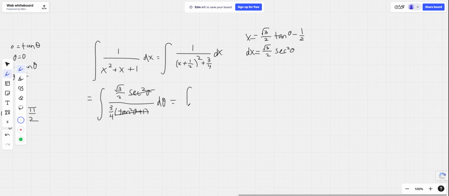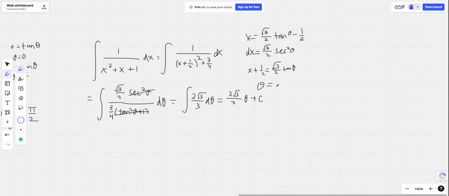So we're only left with the integral of 2√3 over 3 d theta, which is just 2√3 over 3 theta plus c. Now all we have to do is solve again for theta. So we do x plus 1/2 equals √3 over 2 tangent theta, and then isolate tangent theta, take the arctangent.